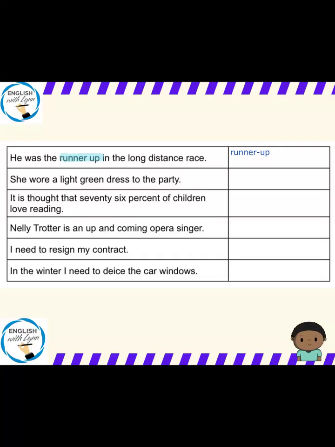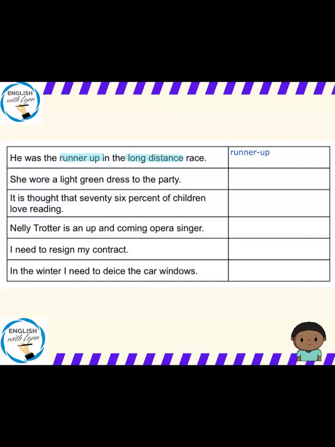Because what word is describing the race? Think about how it is structured. Here I've got this word, a long distance, and because long distance is being used to describe the race, it is being used as a compound adjective.